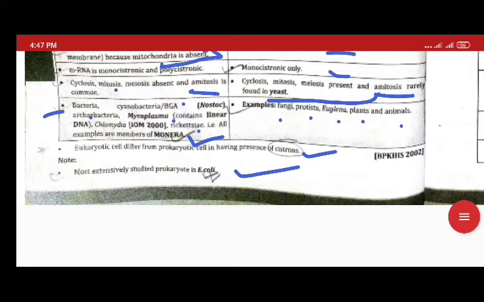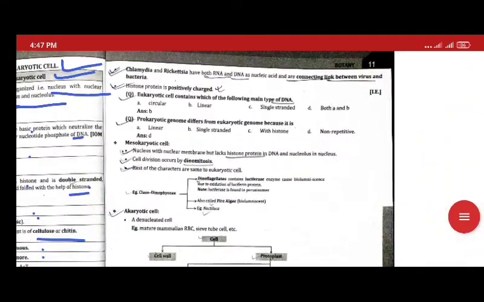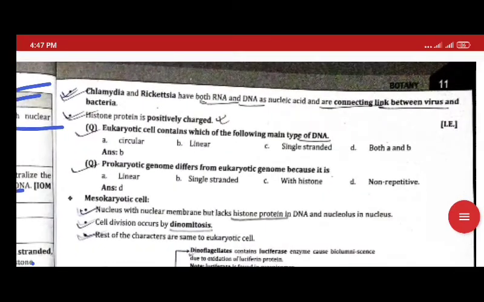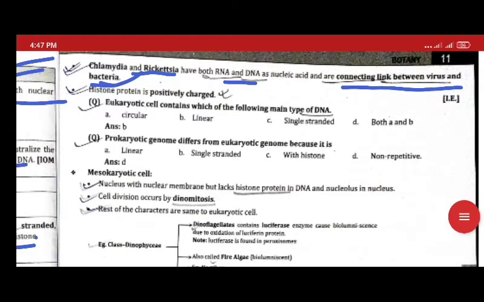So E. coli is the most studied prokaryote. It is found in our intestine. Now chlamydia and rickettsia. These contain both RNA and DNA. So this is called the connecting link between virus and bacteria. Remember rickettsia is a connecting link between virus and bacteria.